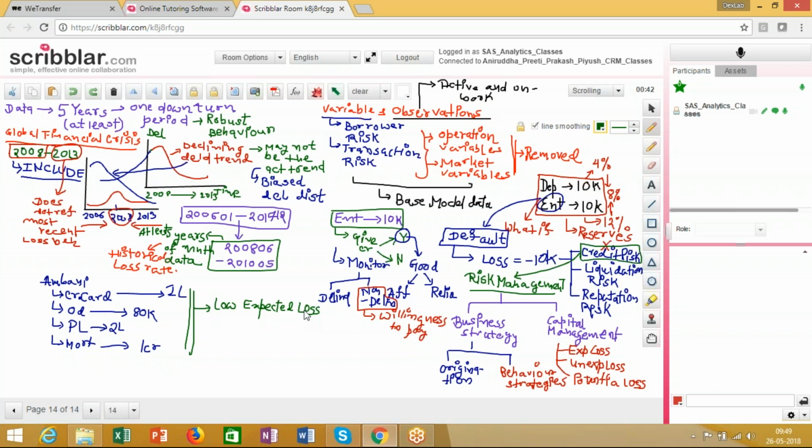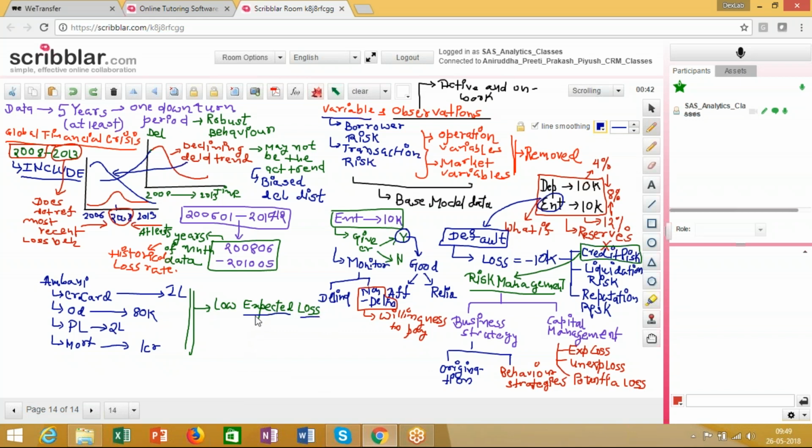So there must be certain parameters based on which you are trying to assess these losses. So when I talk about expected loss, you will see that it consists of two words, which are expected and the second is loss.